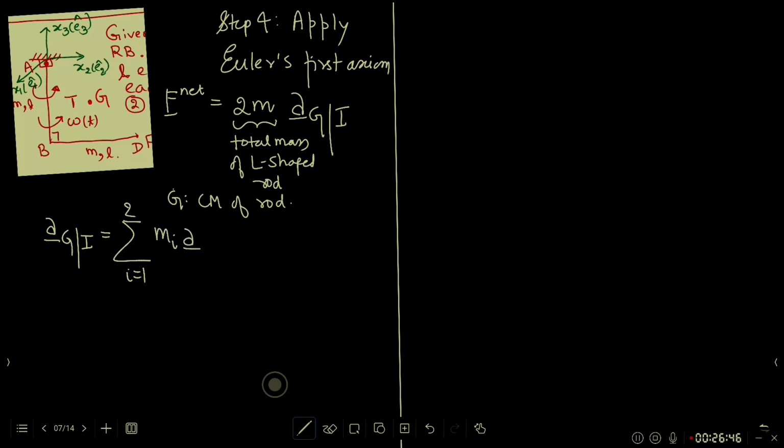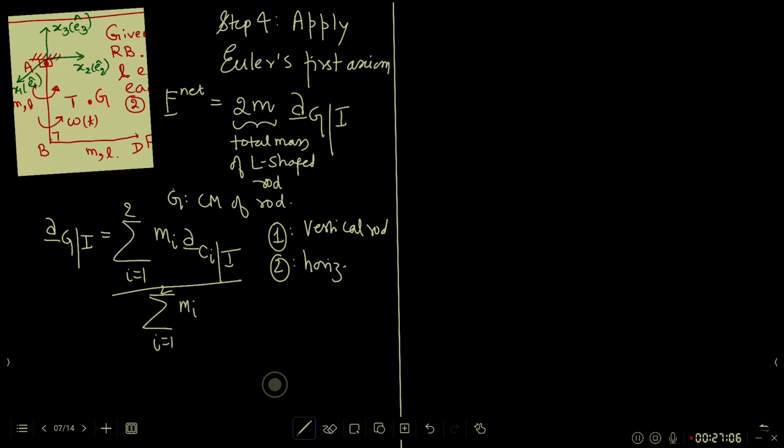For a composite body, one is the vertical rod, two is the horizontal rod. Ci is the center of mass of the ith rod, and mi is the mass of the ith rod.